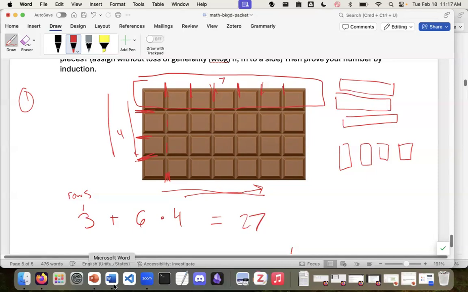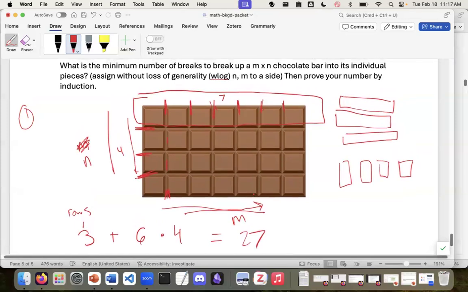So now the step is to assign 2 variables. We'll call them n and m, and just assign one of them to one side and the other to the other. I think I did n here and m here. This is the part where, without loss of generality, we could have chosen to swap them. We could have had the 4 be m and the 7 be n, right? Could have done it either way.